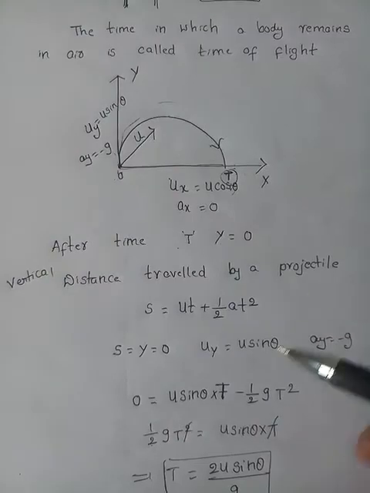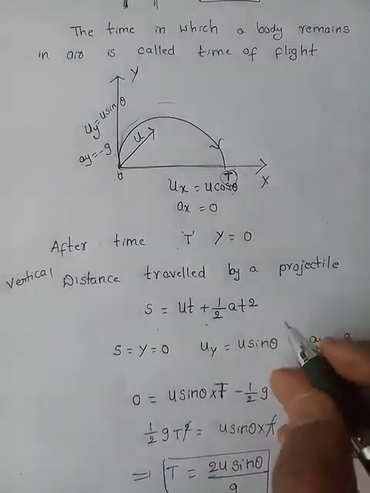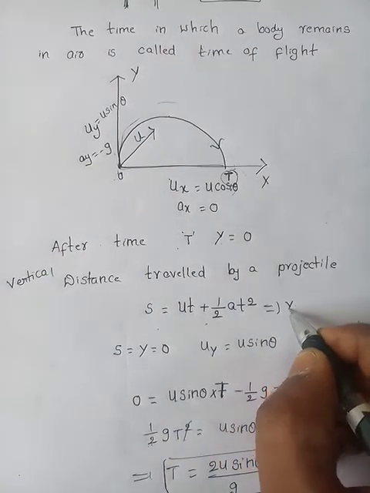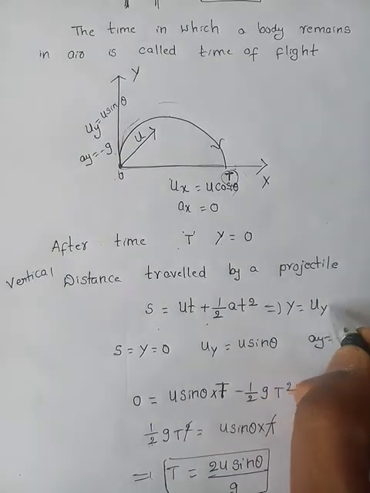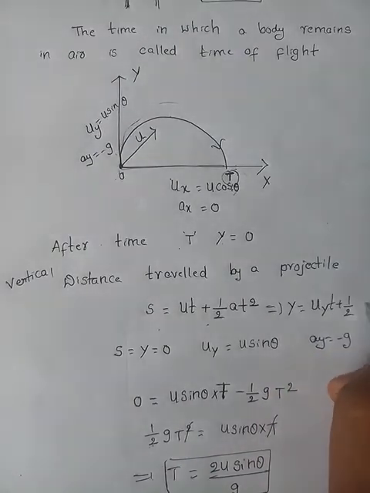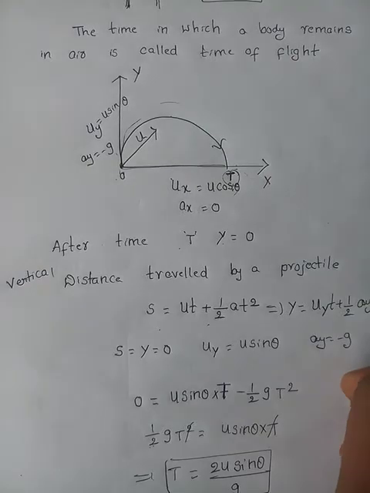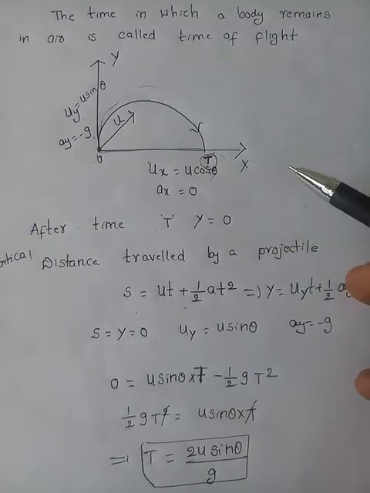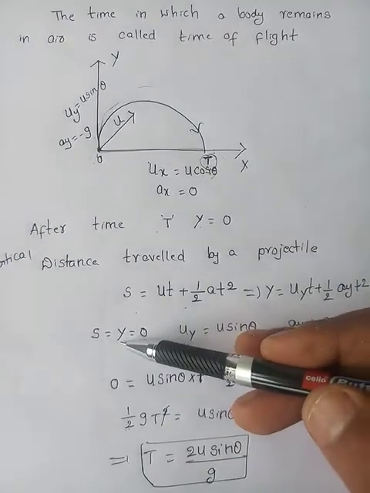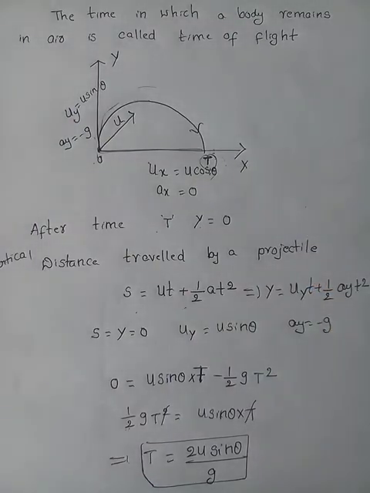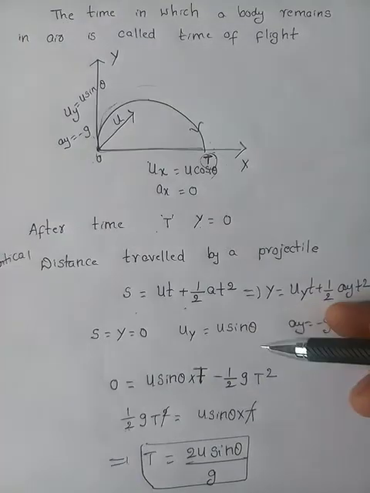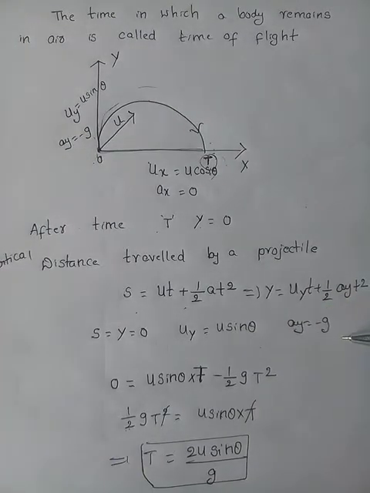Vertical distance travelled by the projectile is what? S is equal to ut plus half at square. If you want, S can be written as y equals uy t plus half ay t square. In this condition, the vertical displacement is 0. Horizontal displacement is there, but vertical displacement is 0. uy is u sin theta, ay is minus g.